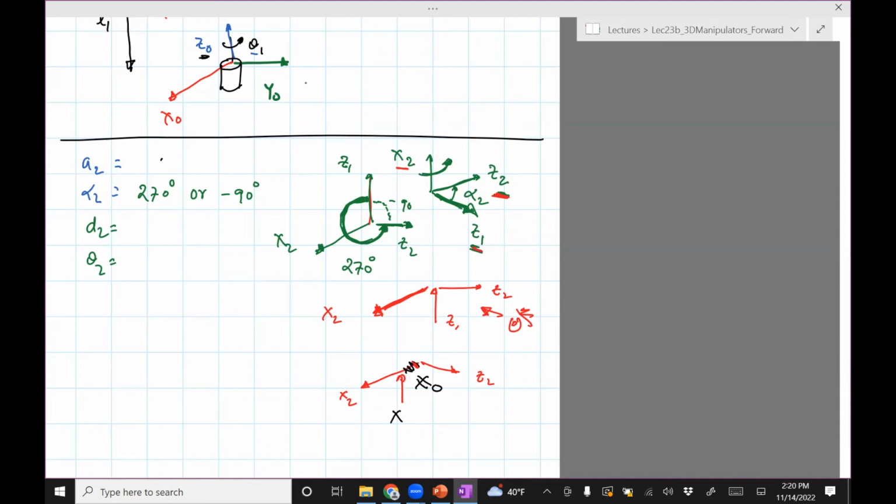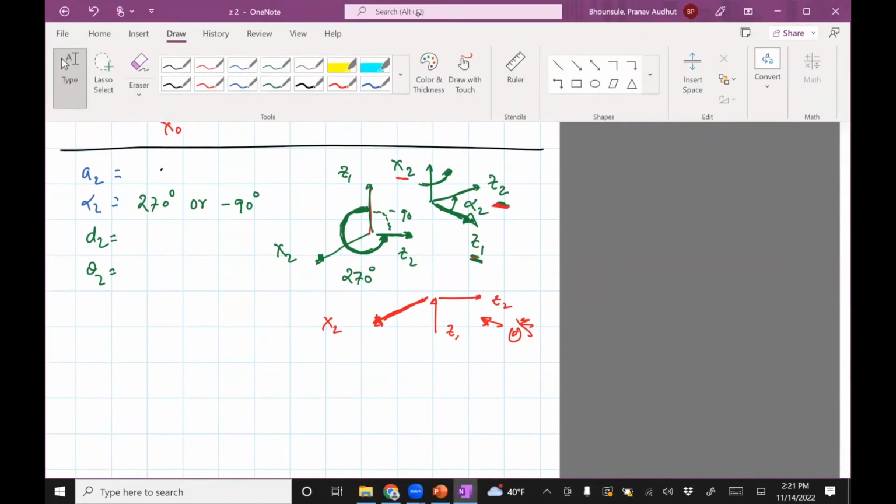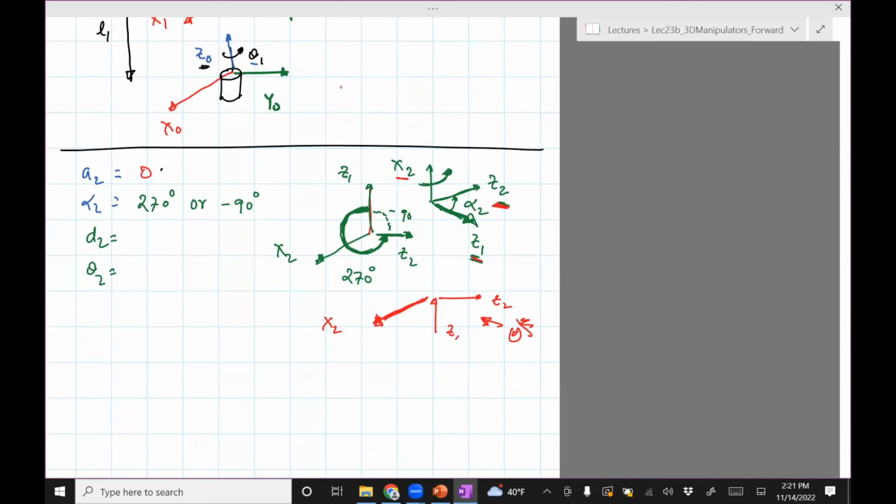Because in that situation, which is not the one I have over here, when you see the two axes along the X2 direction, the distance is finite. But that's not the case here. So write it down: this should be 0.